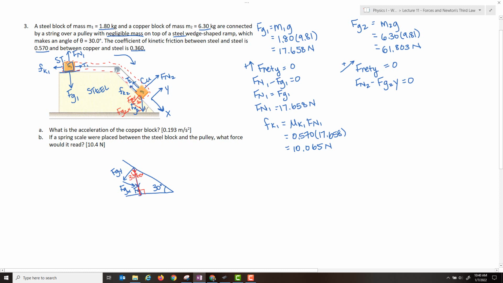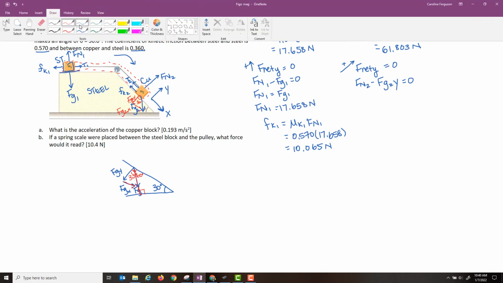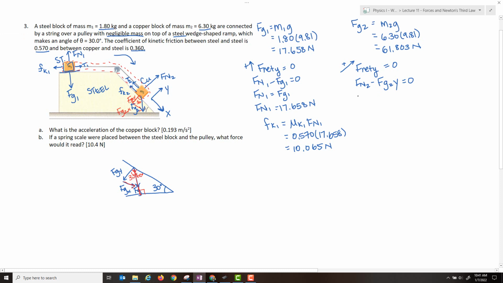So if that angle is 30 degrees and I'm trying to find Fgx, this vector right here, that's opposite of the 30 degrees. So then we would be doing hypotenuse, which is Fg, sine of 30, since it's the opposite side. Okay, so I have F normal 2 minus Fg2, which was 61.803, sine of the angle 30 degrees, equals 0.